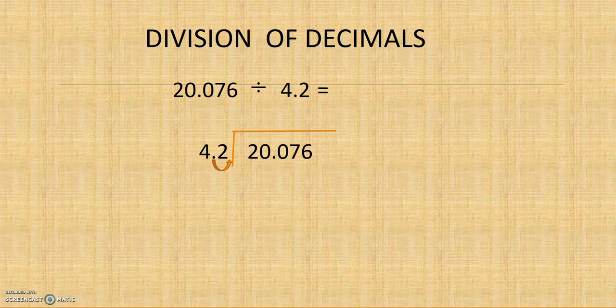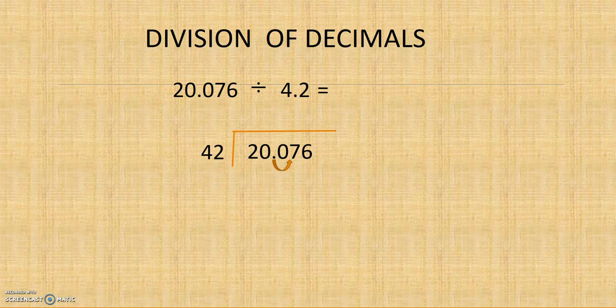So here, our divisor is a decimal. The rule is make our divisor a whole number. So let's move 1 place to the right for our divisor to make it a whole number.